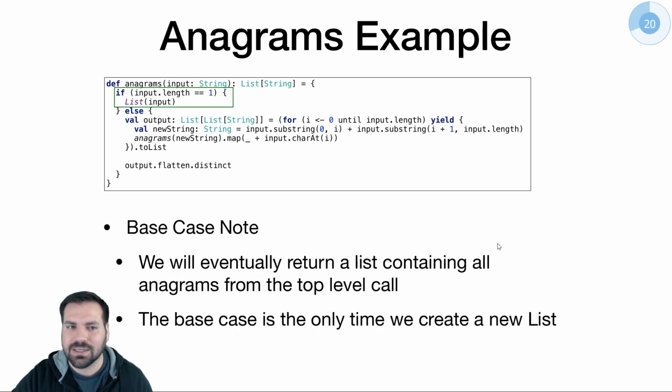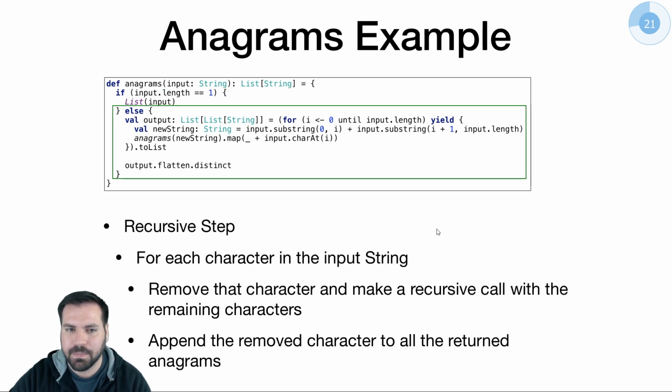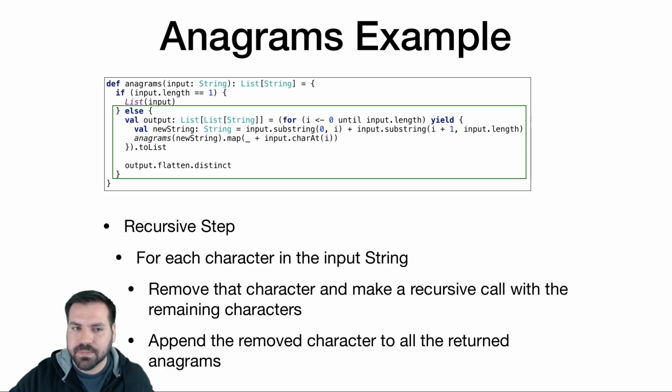In some cases that's not how you're going to write it. But the base case is trivial input-output behavior. For the recursive step, we're going to assume that our recursive calls are correct. So we're just going to assume that we have a method named anagrams, which is in fact this very method. We're just going to assume that it already works. And then we're going to write all of our logic based on that assumption.